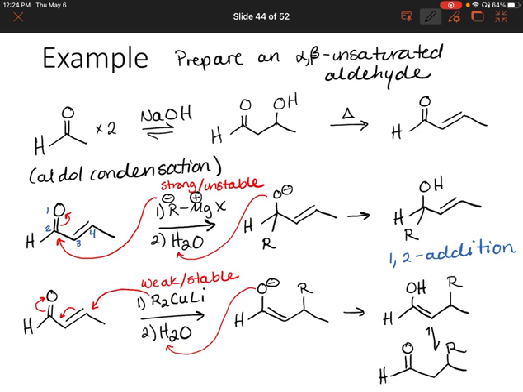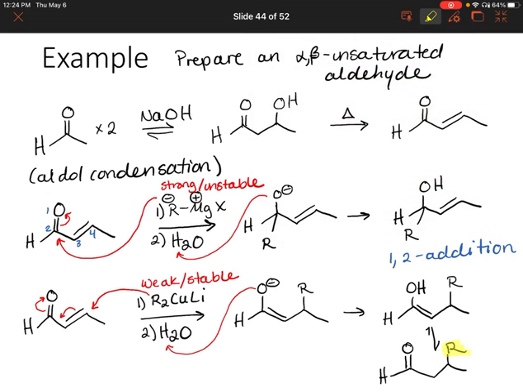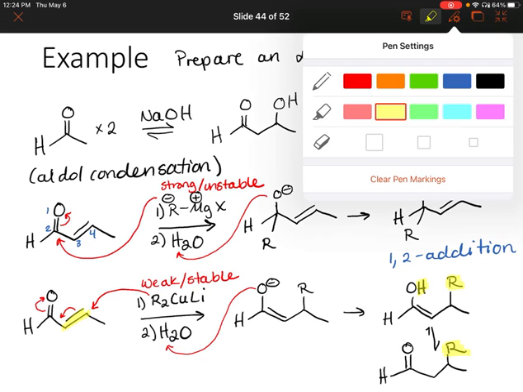Okay, so looking at our final product, it kind of looks like we had a 1,2 addition, right? It kind of looks like we just added a hydrogen and an R group across that initial double bond. But looking at our intermediates, we can very much see that this is a 1,4 addition because we're adding hydrogen and the R group to the 1 and 4 positions if we number our atoms.